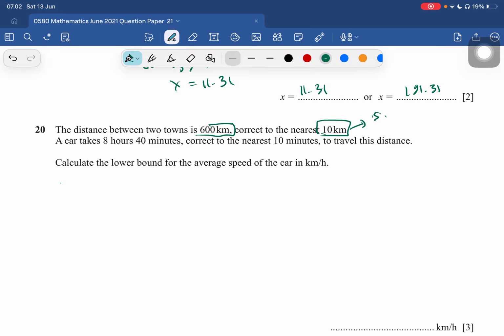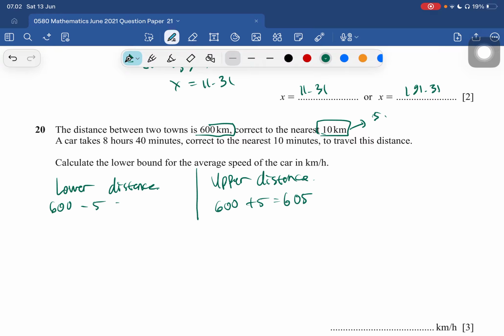So first the lower distance is 600 minus 5, and then the upper distance is 600 plus 5. This is 605. Here is 595 kilometers.